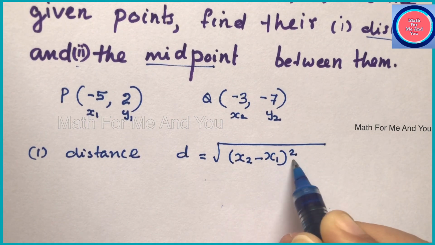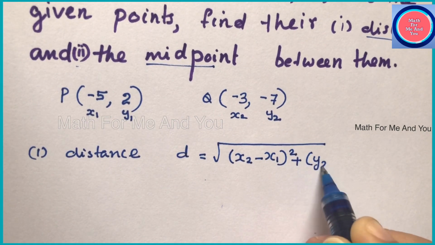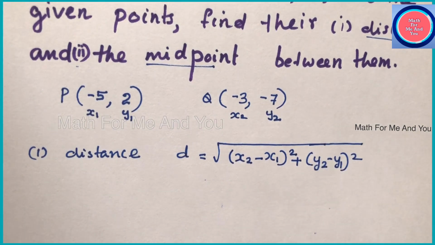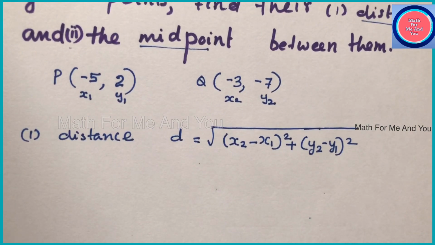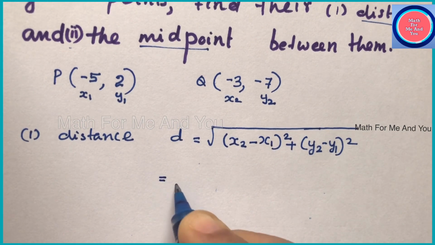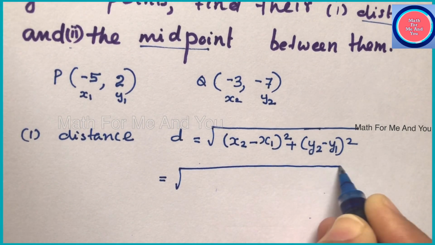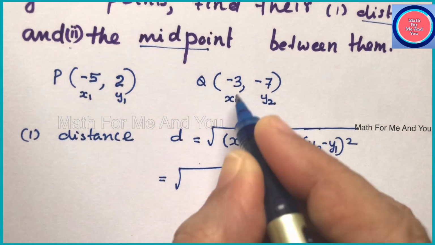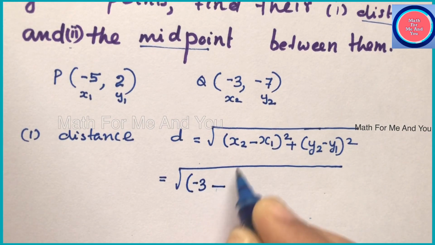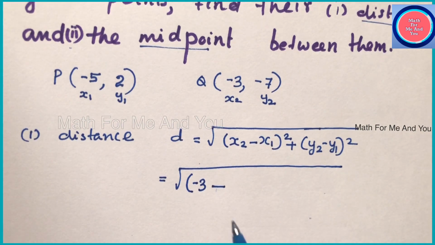D equals square root of x2 minus x1 the whole square plus y2 minus y1 the whole square. Now we are going to replace with numbers. Square root of, look at the points. What is x2? x2 is minus 3. So write that. Minus 3 minus, because of the minus in the formula.